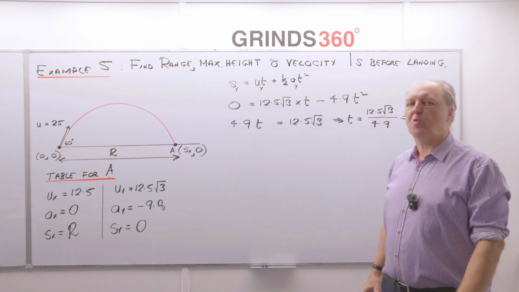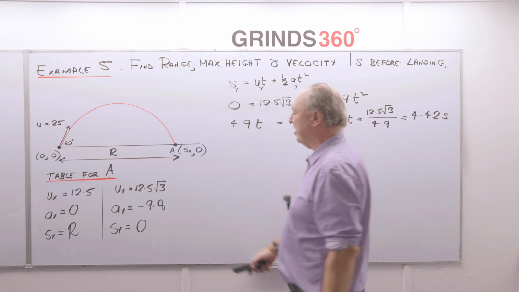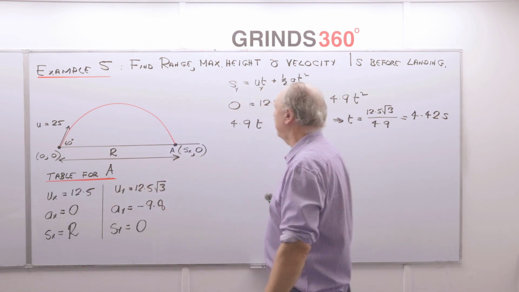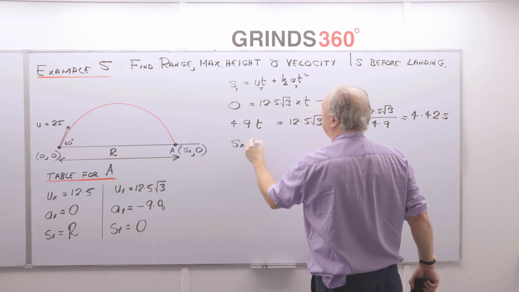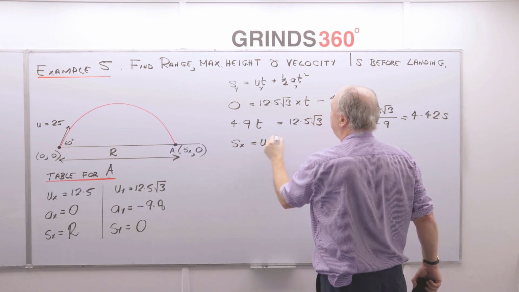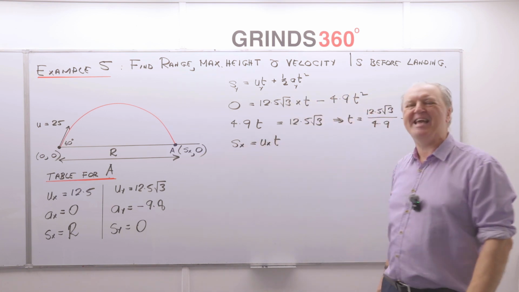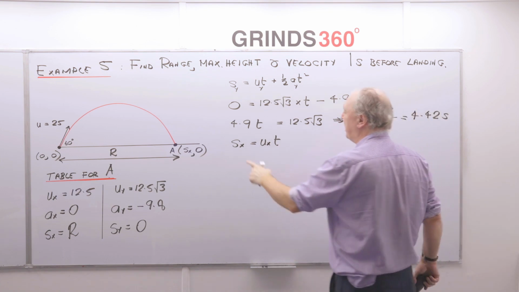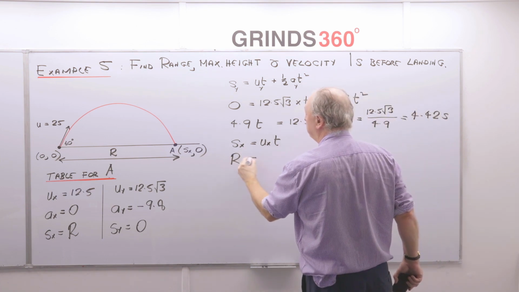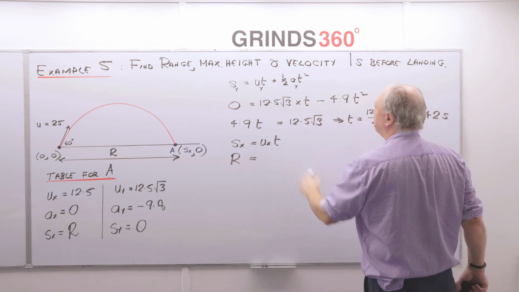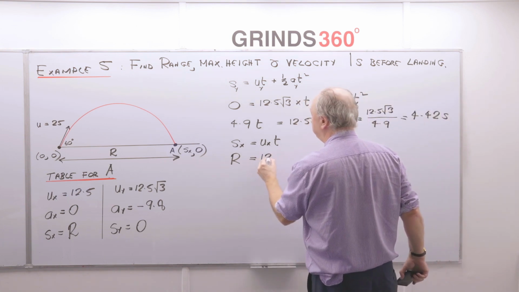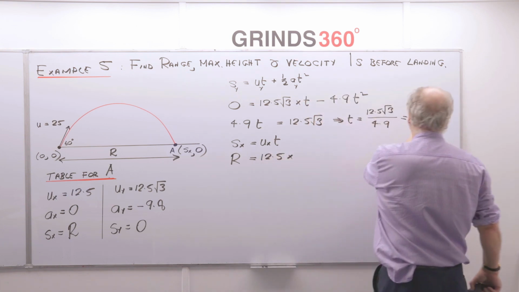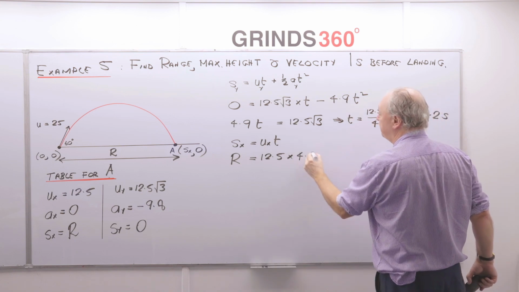Now I'm in a position to work out the range by going to the other part of the table. I'm going to write down my s formula in the x direction. But of course, you know this, don't you? That last term is not required because ax is 0. So Sx is the range, and that's equal to ux, and ux is 12.5, by the time of 4.42 seconds.